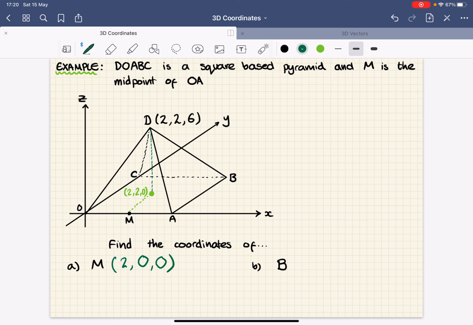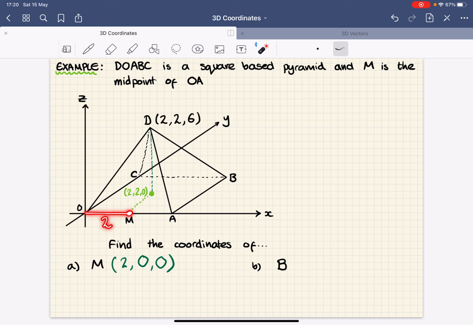To find the coordinates for B, I need to figure out what this length here is going to be. Because it's a square base pyramid, all the lengths are going to be the same. I know that this point M is the midpoint of O to A. So to M, that's a distance there of 2.